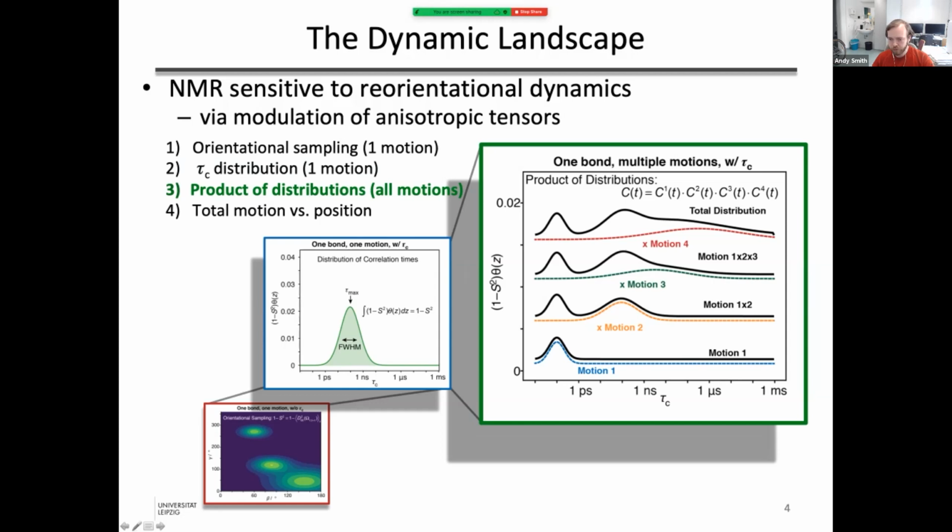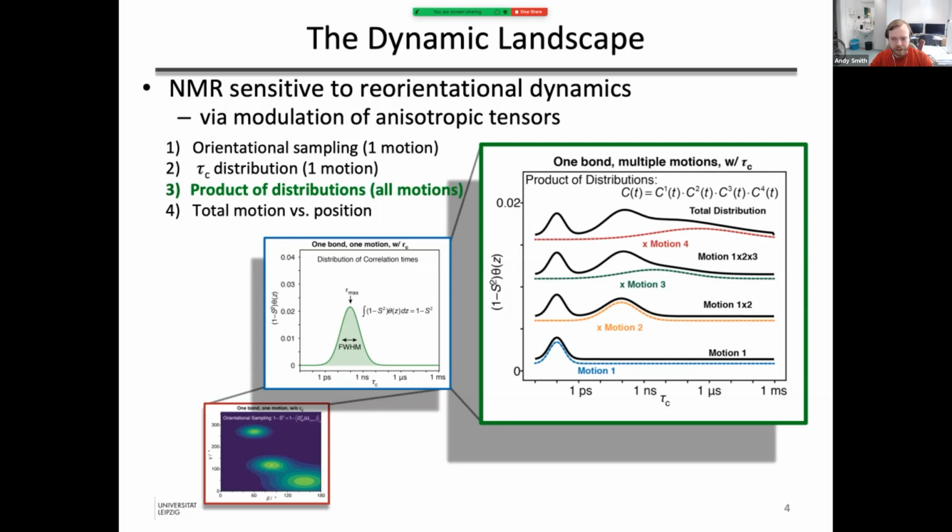You get motion 2, and then you might have a third motion, and eventually you get this complex distribution. In my scenario here, I've got 4 motions with 3 parameters each, and so 12 parameters. And you start to imagine why I'm talking about doing this with simulation and experiment, because that gets to be a lot of parameters to fit just based on experimental data.